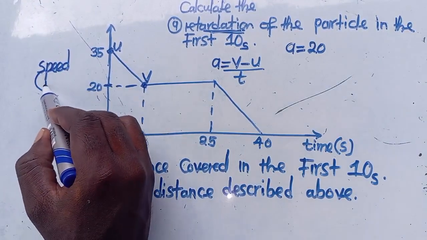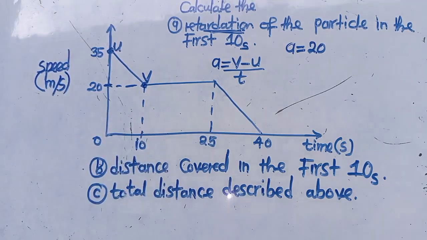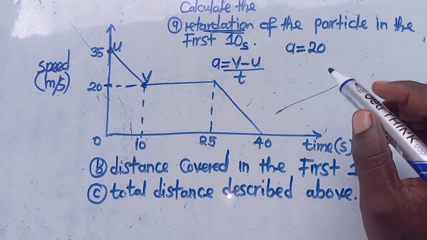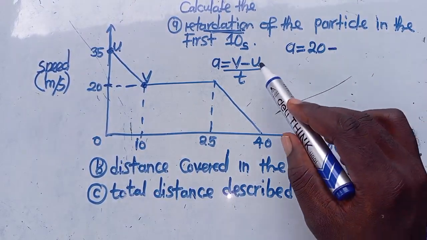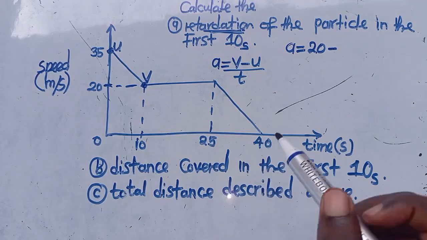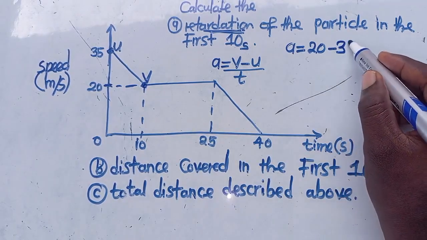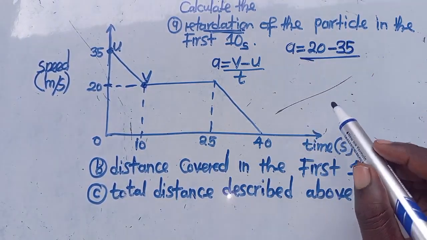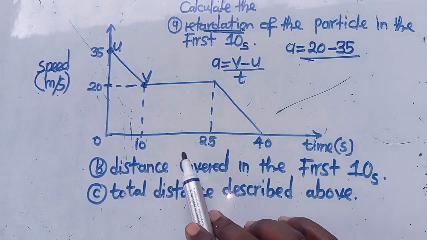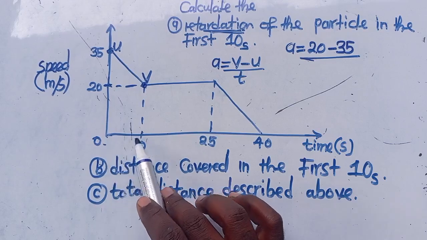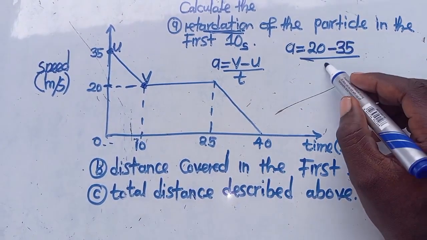So speed is in meters per second. Now I say minus what? Initial, it started at 35. So I say 35 there over, what is the time difference? 10. So I put a 10 here.